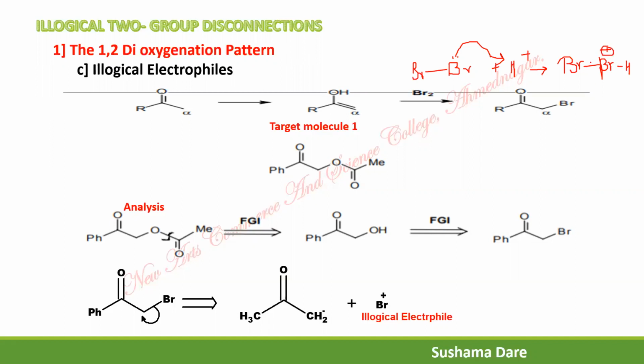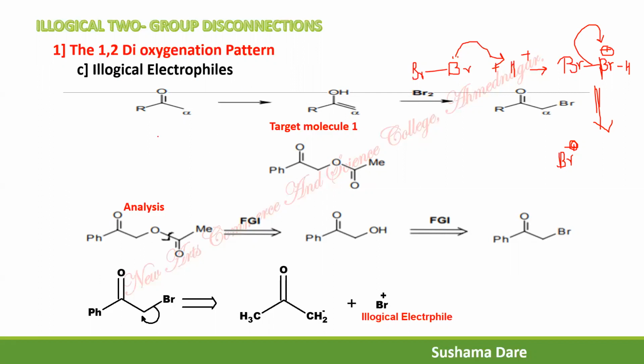Now in the next step, this part is going to disconnect, and it gives Br plus and HBr. So this Br plus is an illogical electrophile. So whenever you do the reaction at the alpha carbon, halogenation of the alpha carbon of a ketone, there is a use of an illogical electrophile.